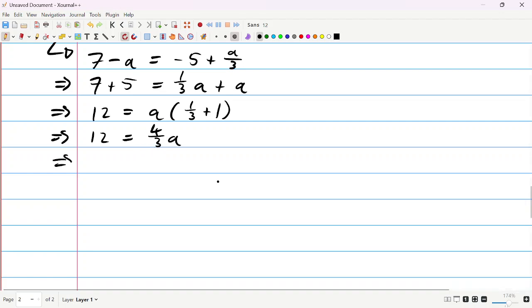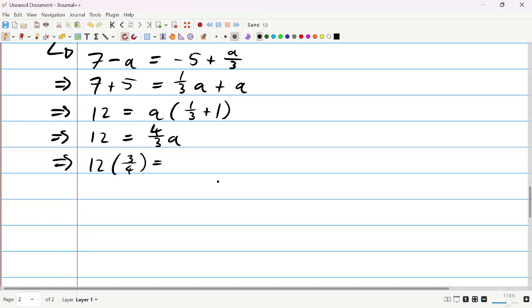So therefore, it's going to be 12 times 3 over 4 is equal to a. And therefore, our a value is just going to be equal to what? The 12 will cancel the 4. So 12 over 4 is just going to be 3 over 1. Okay. And then we're going to have 3 times 3, which is just going to be equal to 9.